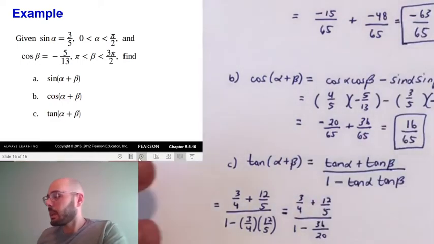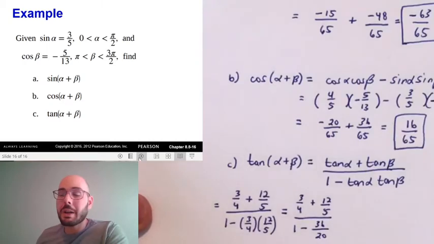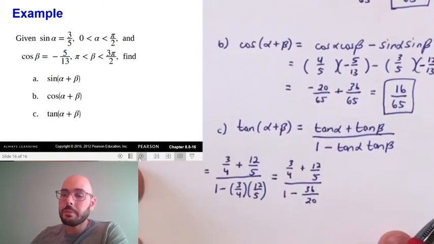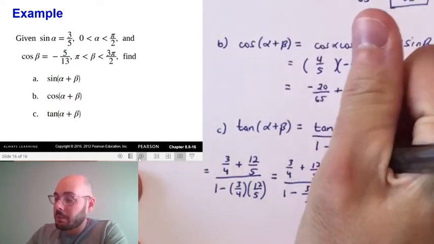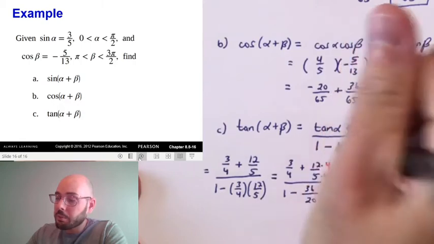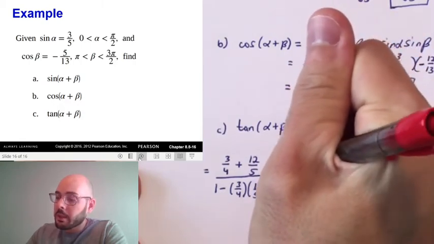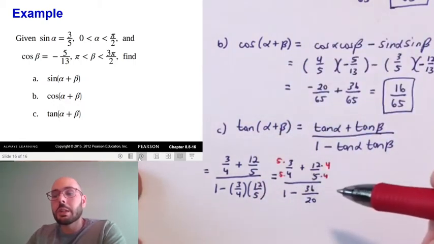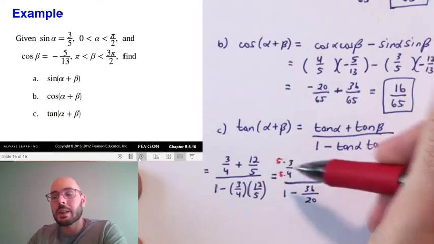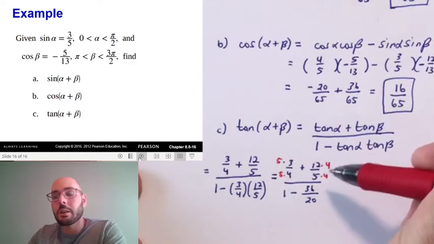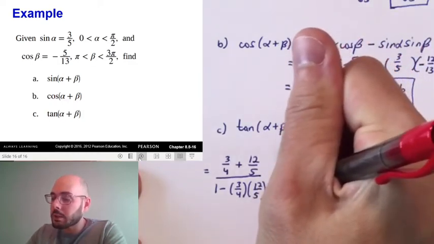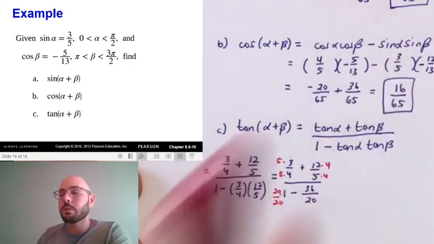Okay, so we want to combine these fractions together. They need common denominators in order for us to do that. And it looks like the common denominator for everything here is going to be 20. So you need to multiply things appropriately to get a common denominator of 20. On the top, the first fraction is getting a 5 on the top and bottom. The second fraction is getting a 4 on the top and bottom. And in the denominator, this 1 is going to need to be multiplied by 20 over 20.